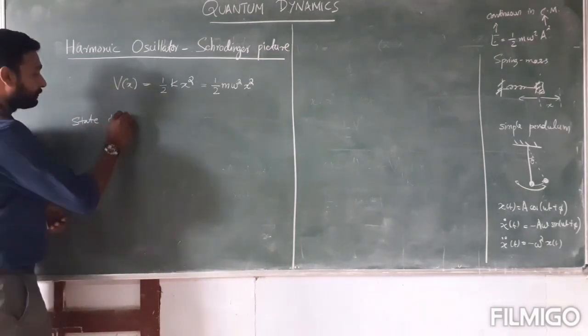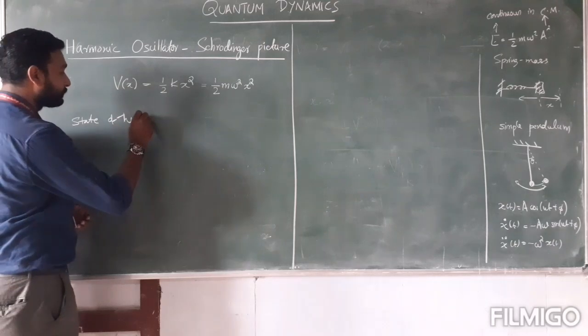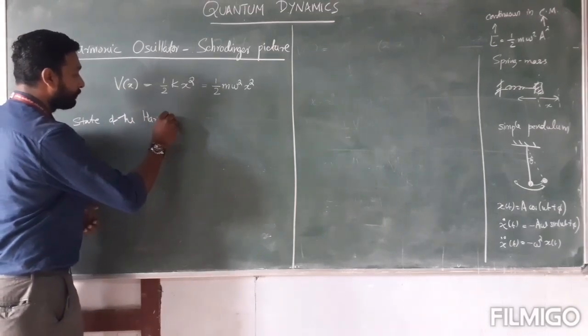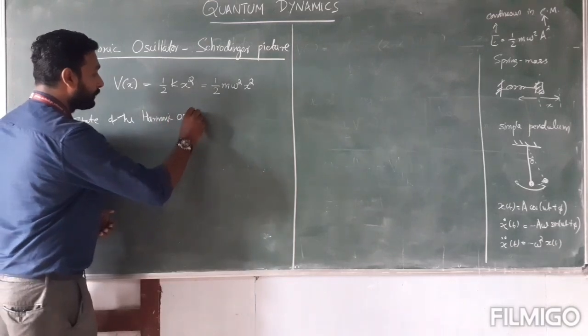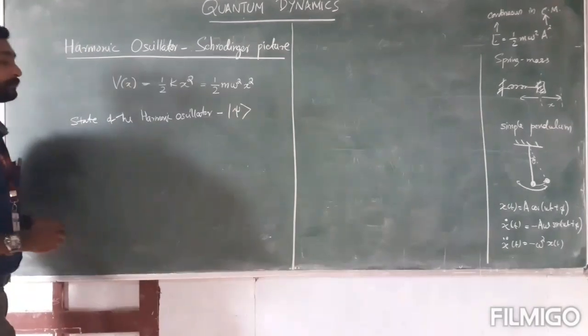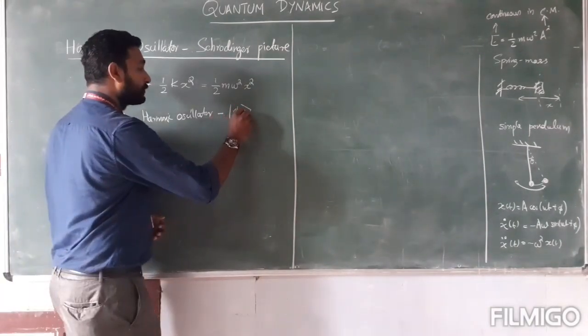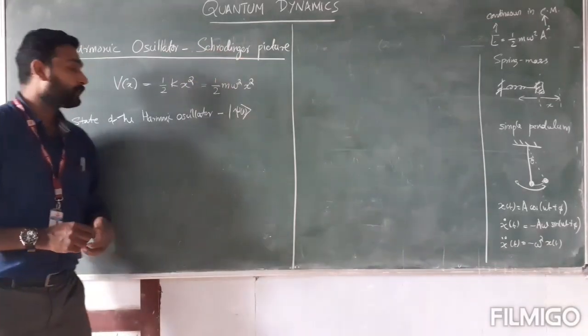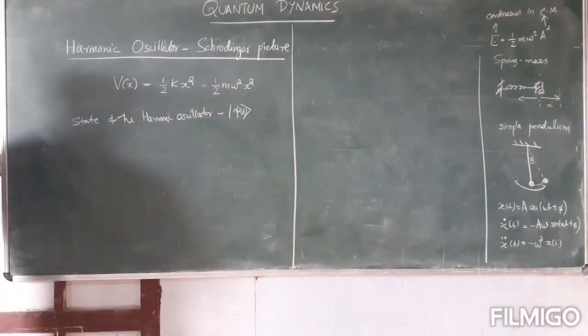So the state of the harmonic oscillator is represented as the state psi of t, and obviously this will be a function of time in the Schrodinger picture. So we can take a representation for this problem. The representation I am going to take is the position representation.